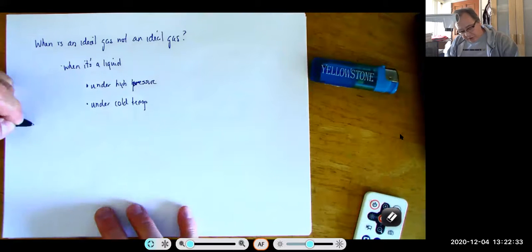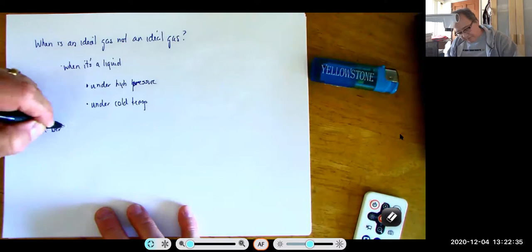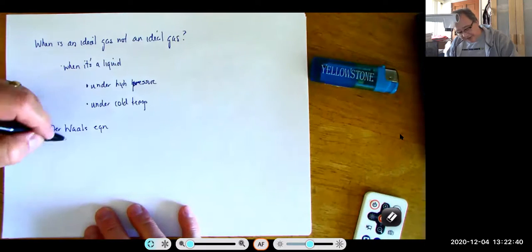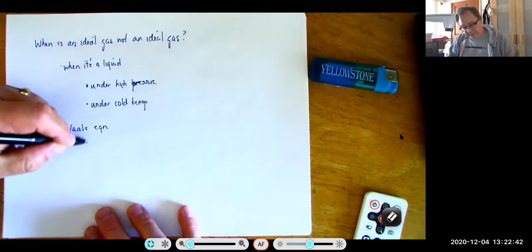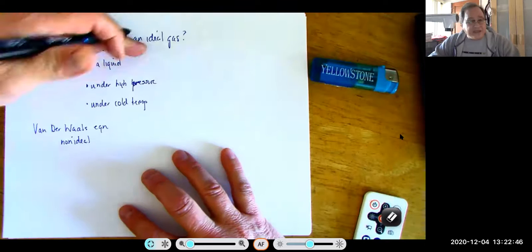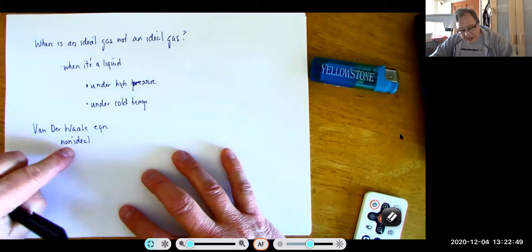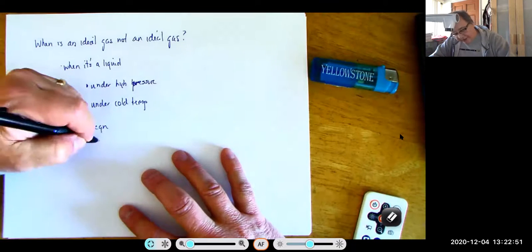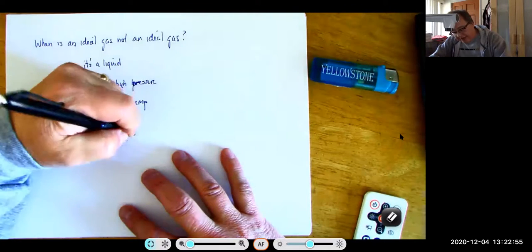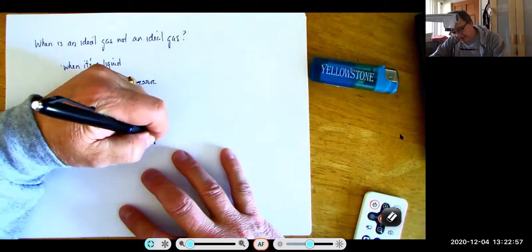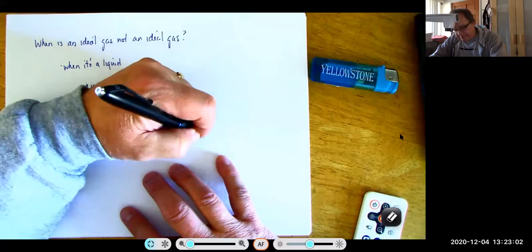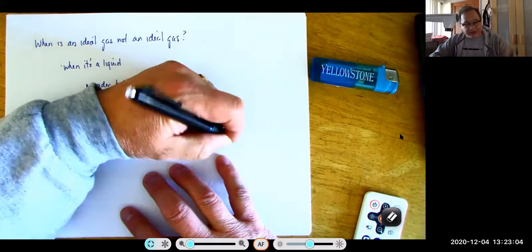But there's also something called the van der Waals equation for non-ideal gases. Now, non-ideal is different than not an ideal gas. Non-ideal gases are all gases. Okay, so these are real gases under 1 atmosphere, 20 degrees Celsius, in that range.